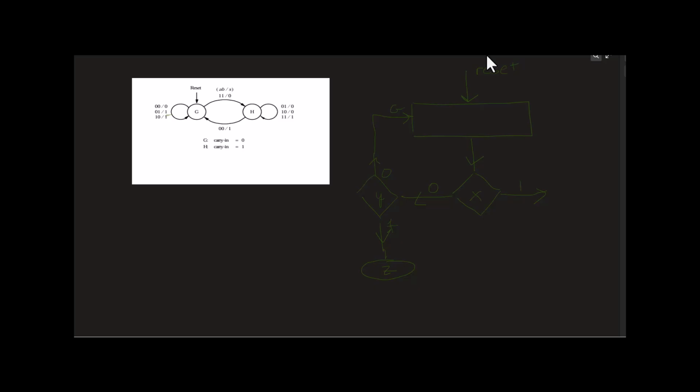Oh, it's S, sorry, these were A and B and S. There they are labeled. This is A, B, and S. So I get an output of 1, and then I go back to state G.